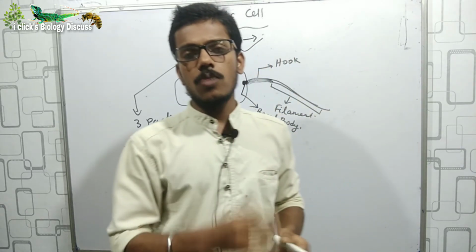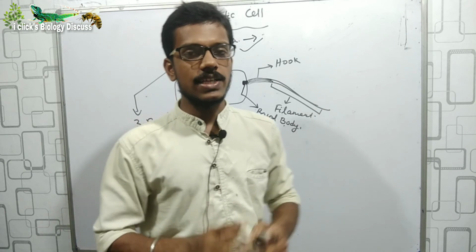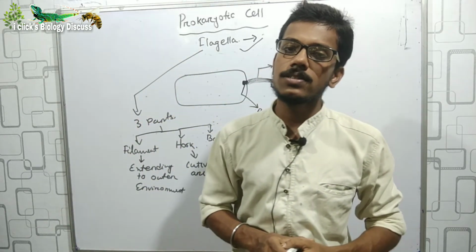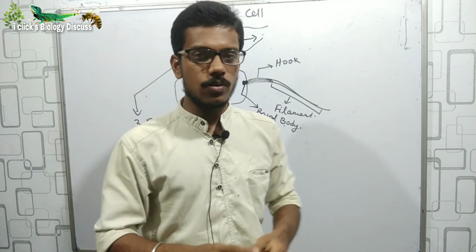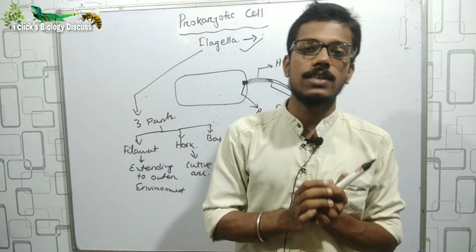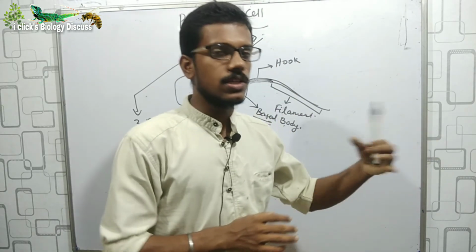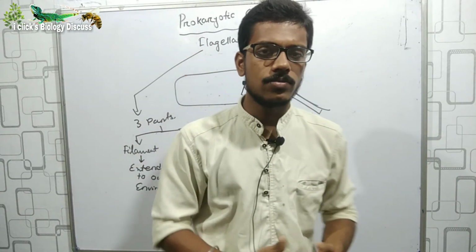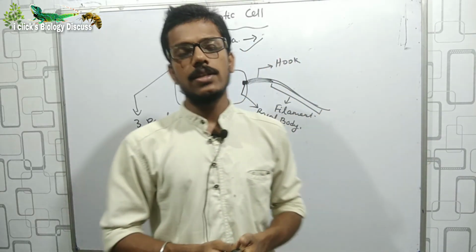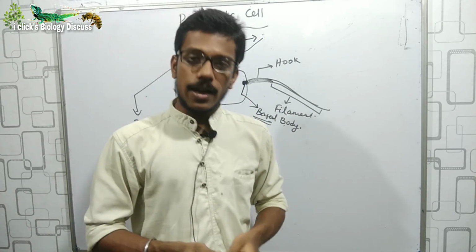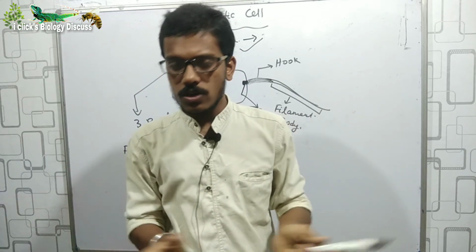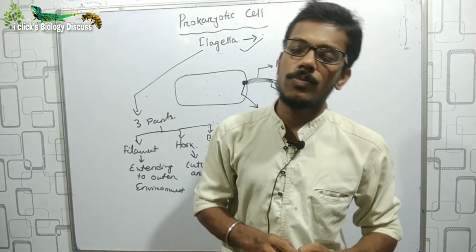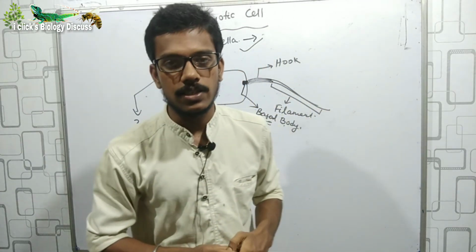If there are two flagella, one at each end, it is called amphitrichous. Another is lophotrichous, with a cluster or group of flagella present at one end or both ends. Another is peritrichous: if flagella are present all over the surface of the bacteria, it is called peritrichous bacteria.